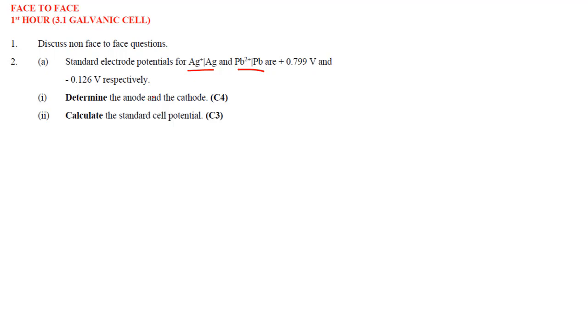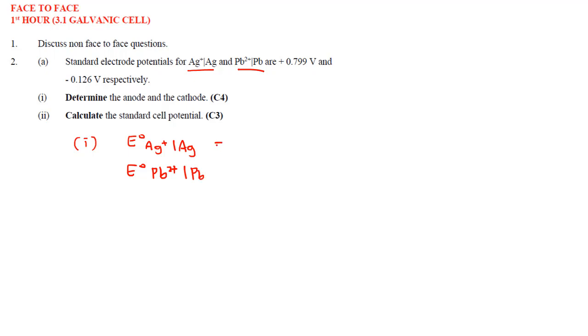Okay, so apa yang you kena faham, kita kena tengok E0 value dia. E0 value lebih negatif maksudnya anode, E0 lebih positif maksudnya cathode. Okay, so tak apa, saya tulis semula kat sini. E0 untuk silver dan E0 untuk lead lah. Okay, value dia dah bagi dah.